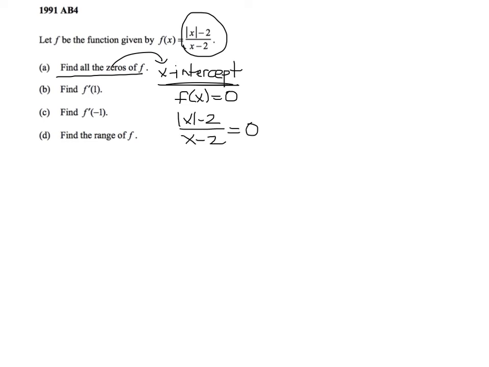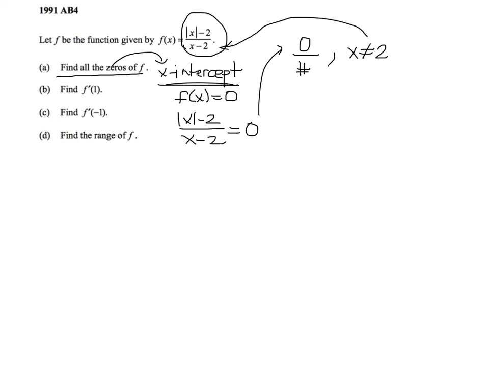Well, here's the thing. The only time a fraction can equal 0 is when you have 0 divided by some number, and it can't be 0 divided by 0. You can't have 0 in the denominator. So one of the first things you're going to notice is that x cannot equal 2, because if x does equal 2, you're going to get a 0 on the bottom.